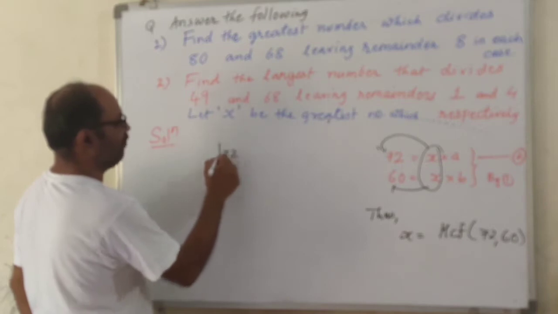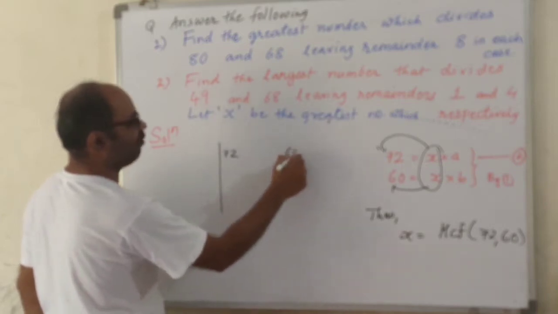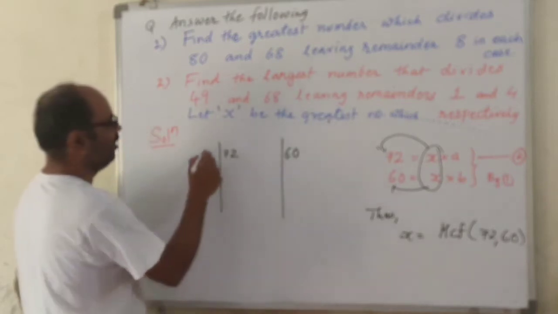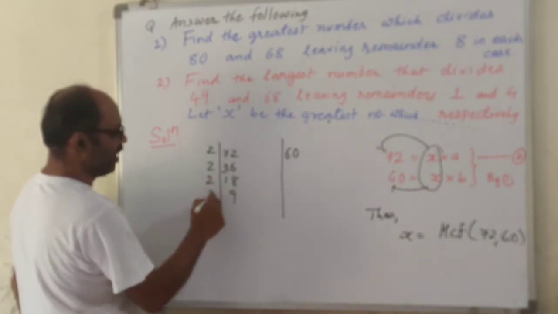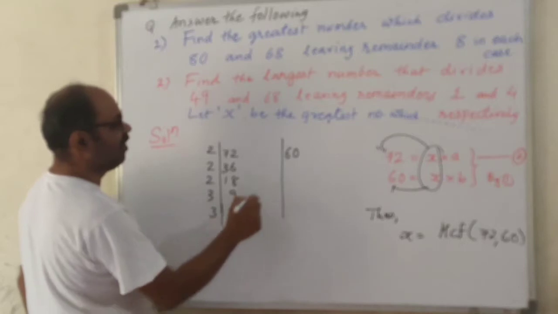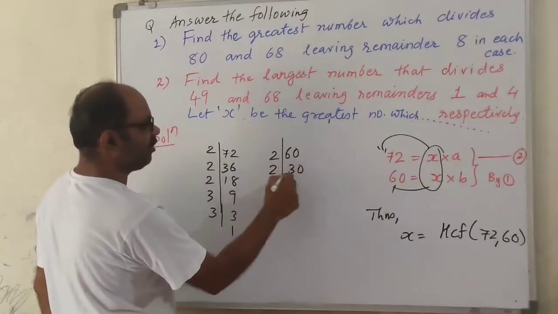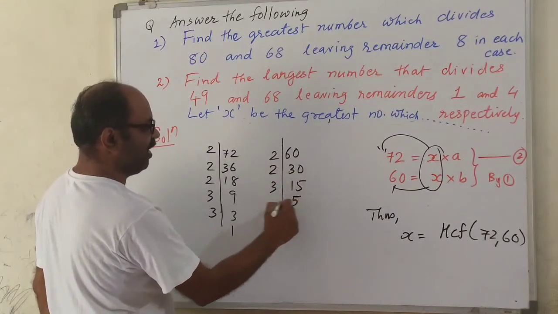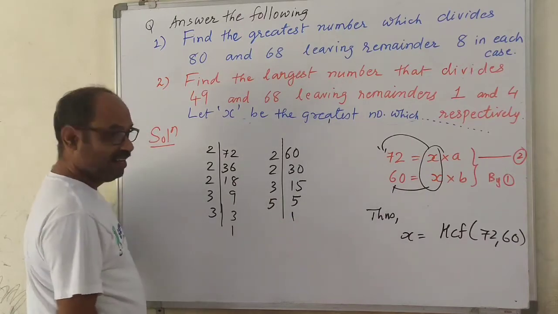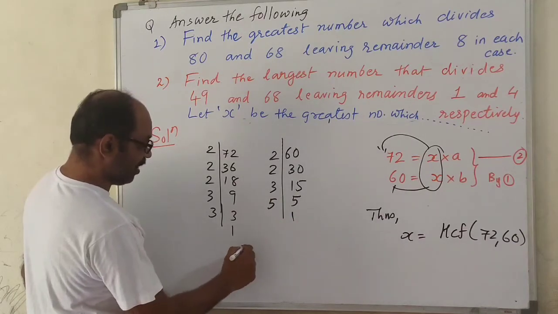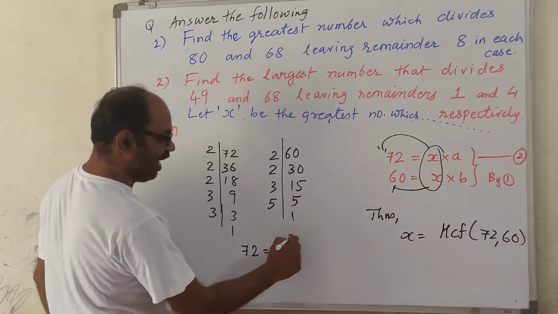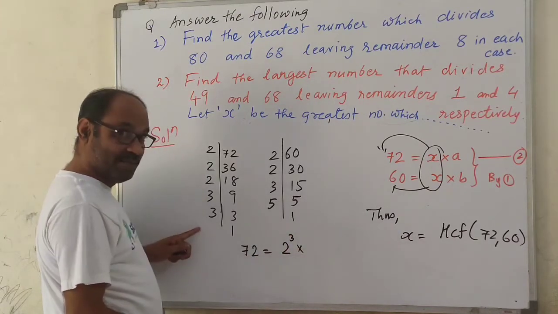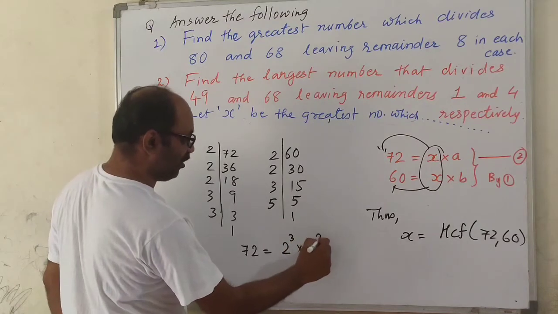Let's find the prime factors of 72 and then the prime factors of 60. 2 36s are, 2 18s are, 2 9s are, 3 3s are, 3 1s are. 2 30s are, 2 15s are, 3 5s are, 5 1s are. 72 is equal to 2 multiplied with itself 3 times, 2 cube, and 3 multiplied with itself 2 times, 3 square.